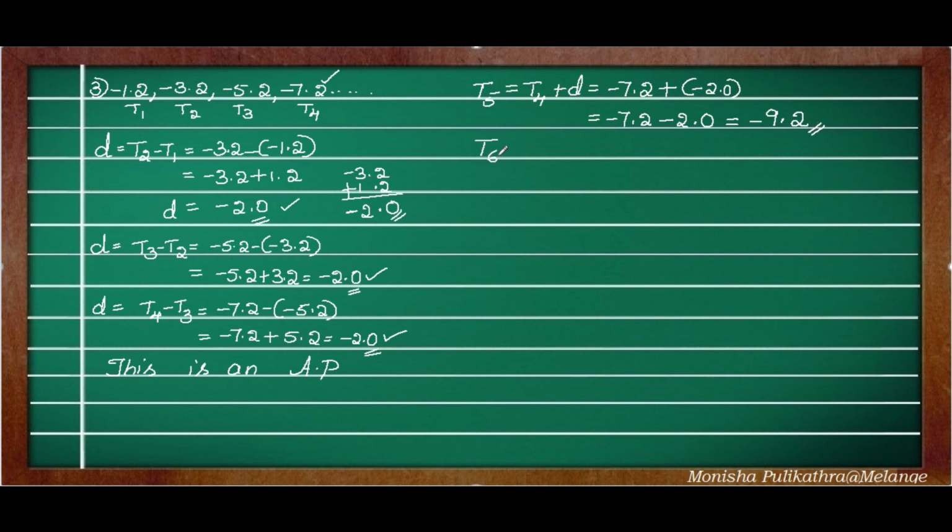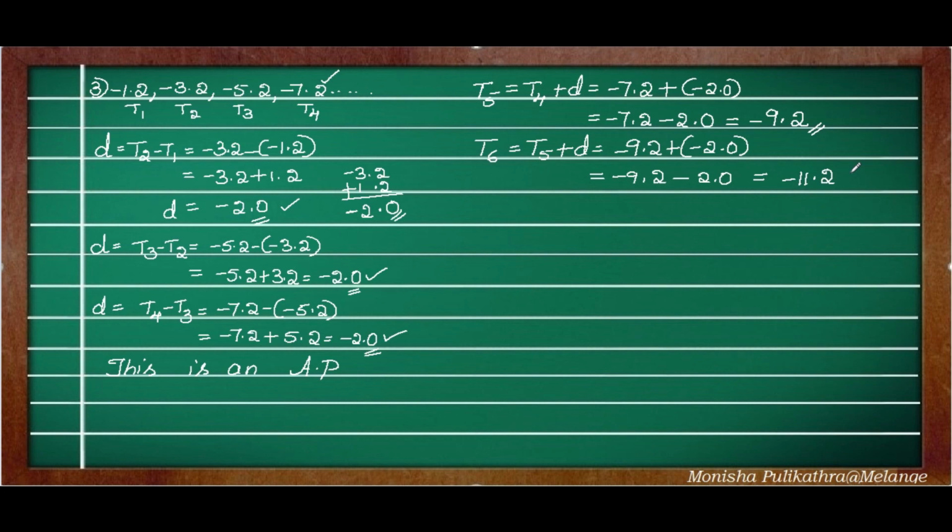Next, the sixth term T6 is equal to the previous term, the fifth term, plus the common difference. The previous term is minus 9.2 plus, in the bracket, the common difference minus 2.0. So minus 9.2 plus into minus 2.0. So it will become minus 11.2.